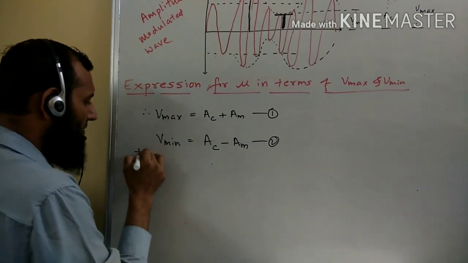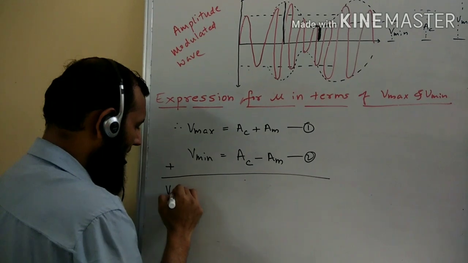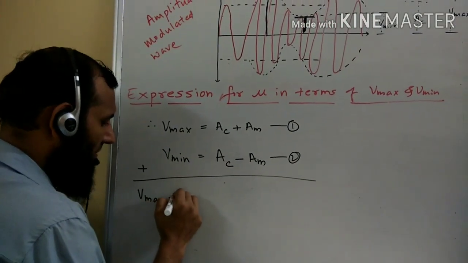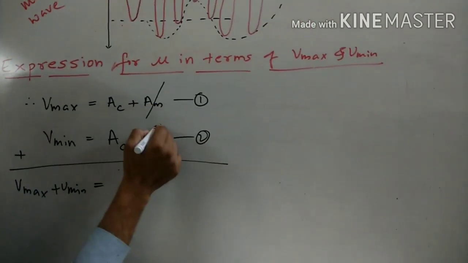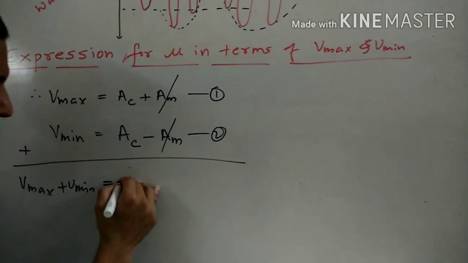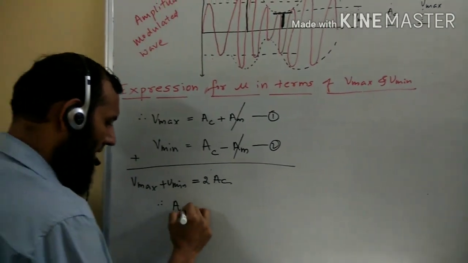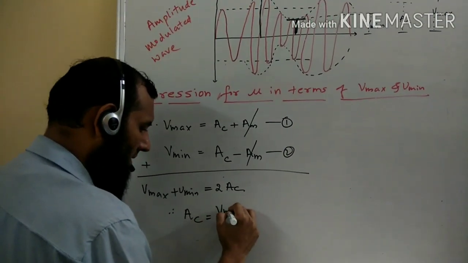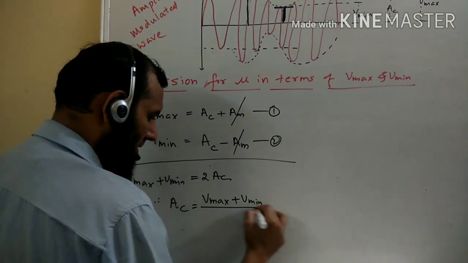If we add these two, we get V maximum plus V minimum is equal to 2 times AC. Therefore the value of AC will be V maximum plus V minimum by 2.